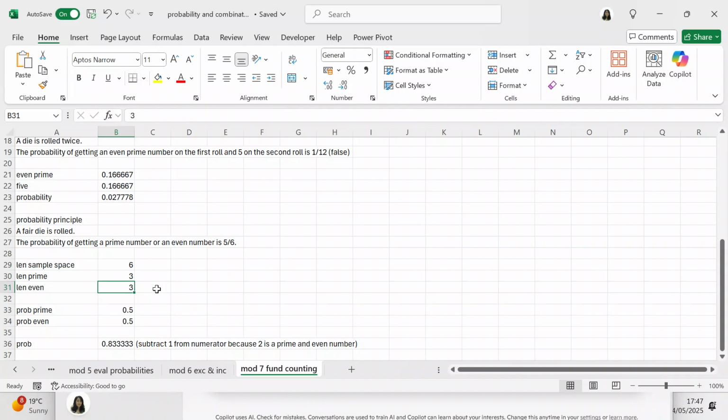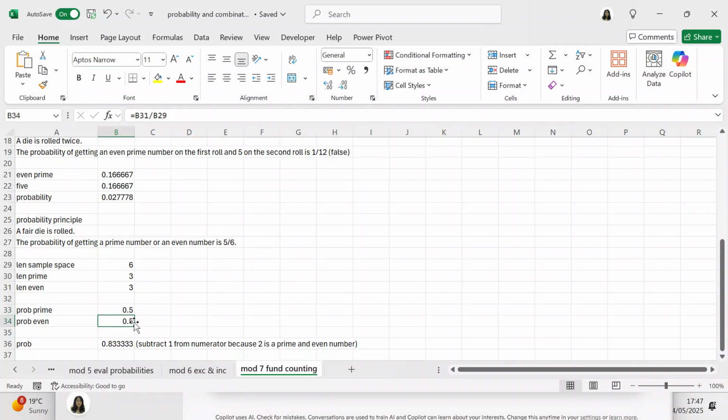But one thing that you need to keep in mind is that 2 is an even number and it's also a prime number. So the probability of getting a prime number is going to be B30 over B29, which is 3 divided by 6.